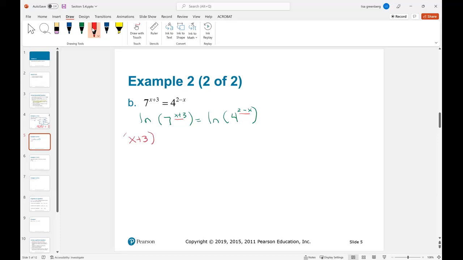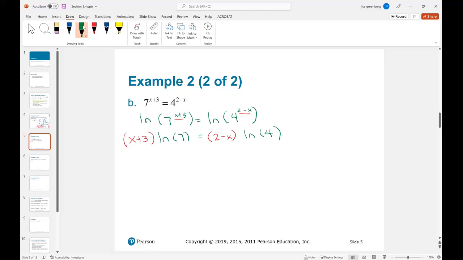Remember to put this in parentheses because it's times this whole natural log of 7, equals, again in parentheses, 2 minus x times the natural log of 4. Now remember, the natural log of a number is a constant. Even though I don't know what the answer is, it's still a constant.